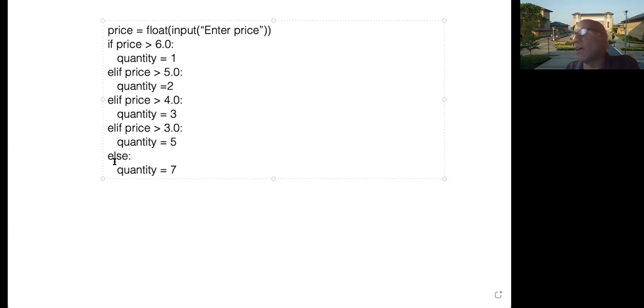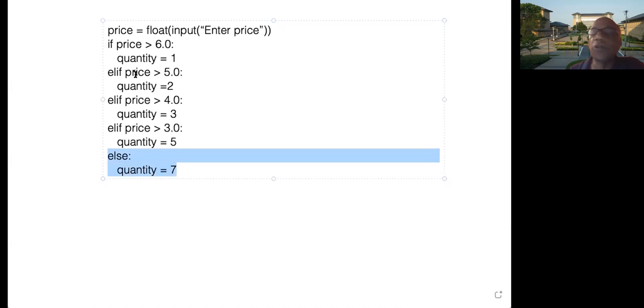This catches all the other cases. So quantity will now be set to 7 if price is $1. If you didn't have this else, quantity will not have a value if price is $1. So you have to be careful with all this.